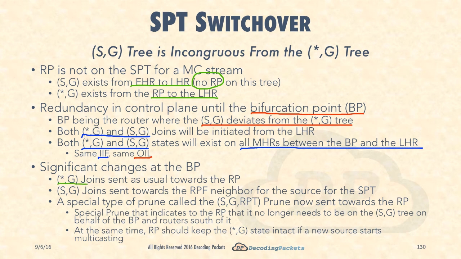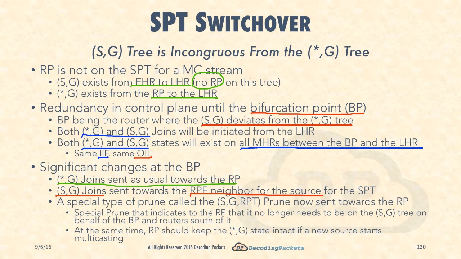Those joins are sent as usual and they're sent towards the RP. The S,G joins are now sent towards the RPF neighbor for the source. So this is where that IIF is now completely different. Once again, the S,G joins are sent towards the RPF neighbor for the source. So for *,G it is the RPF neighbor towards the RP, but for S,G it is towards the RPF neighbor of the source.